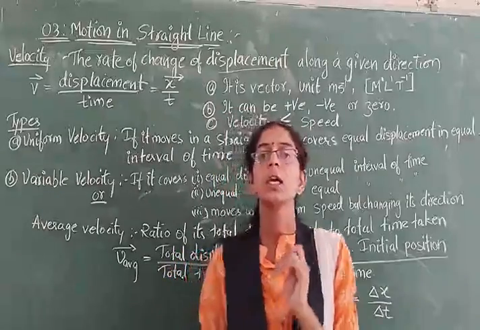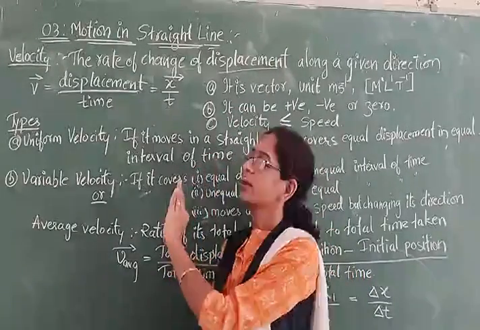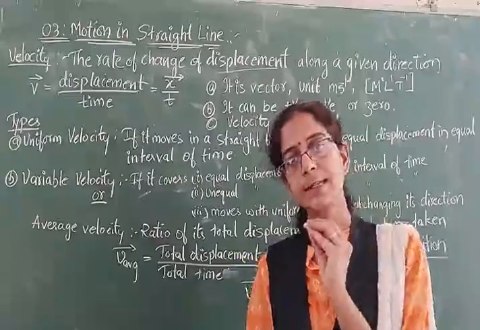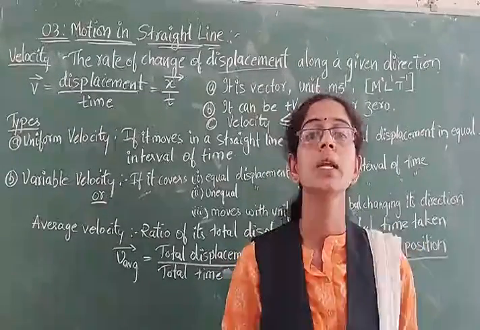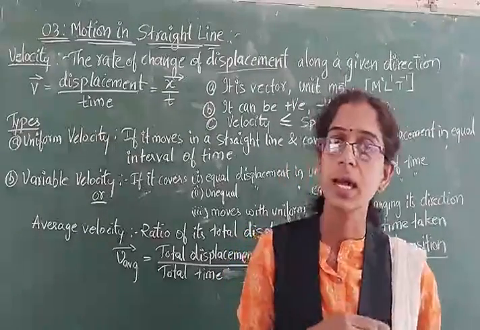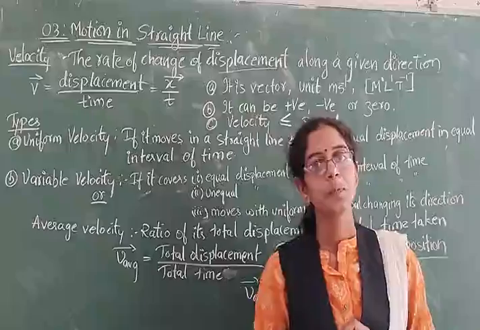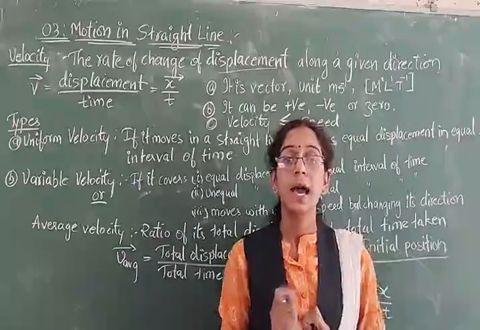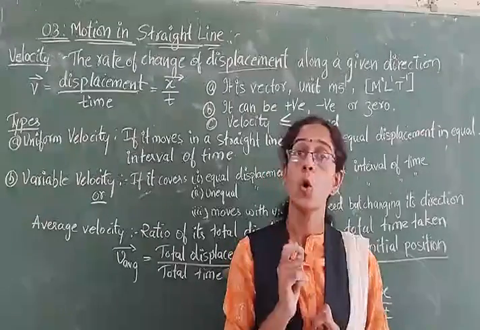So velocity, once again, we will define in this manner. It is a rate of change of what? Displacement of the given object along a given direction. If the object changes its direction, the value will vary. Therefore we need to take into consideration the direction of the object also.